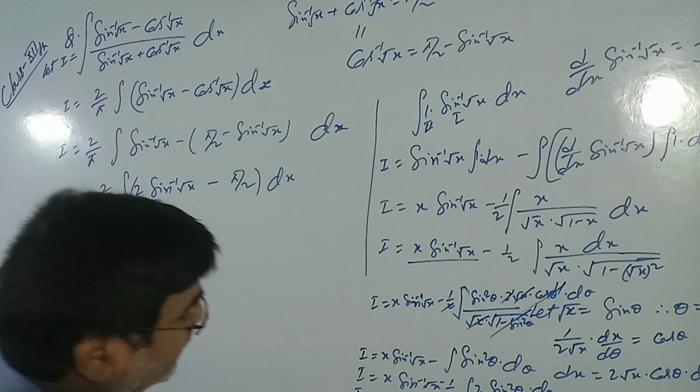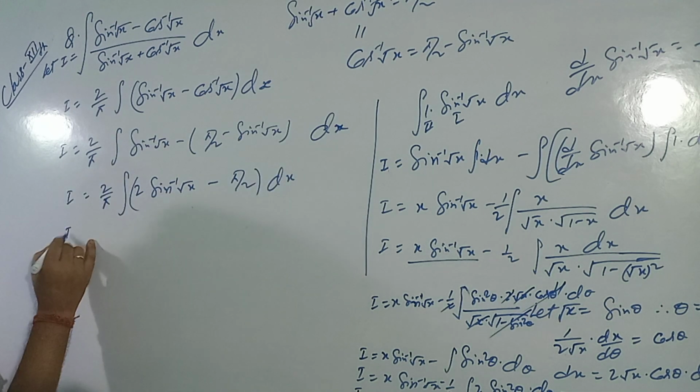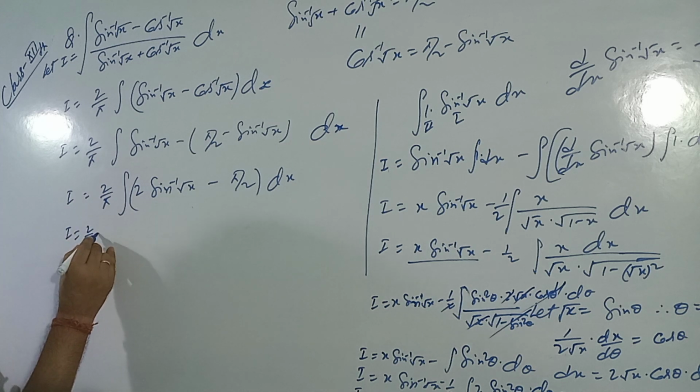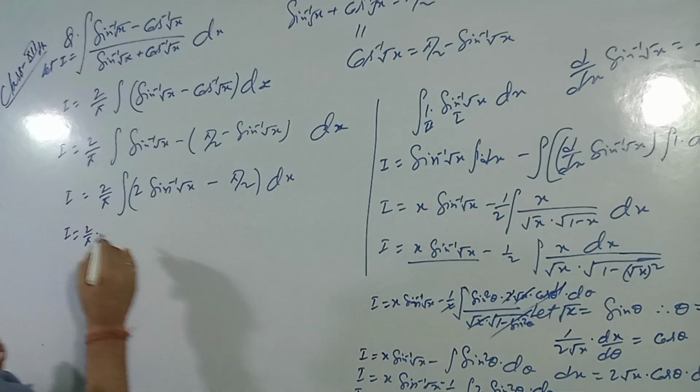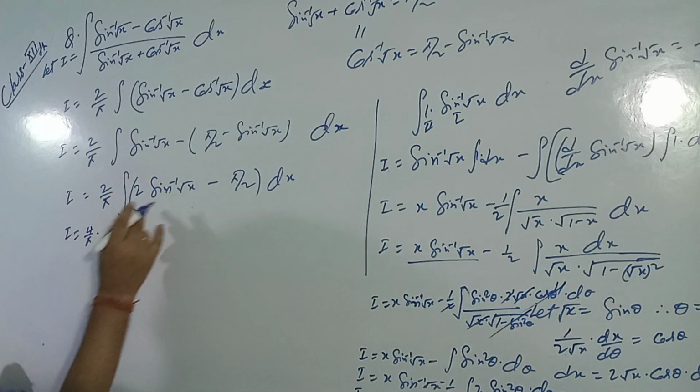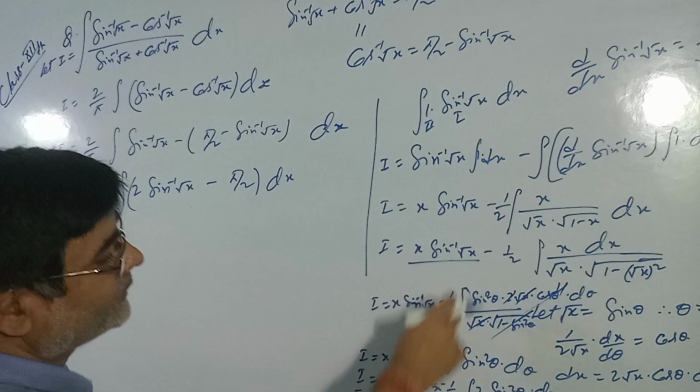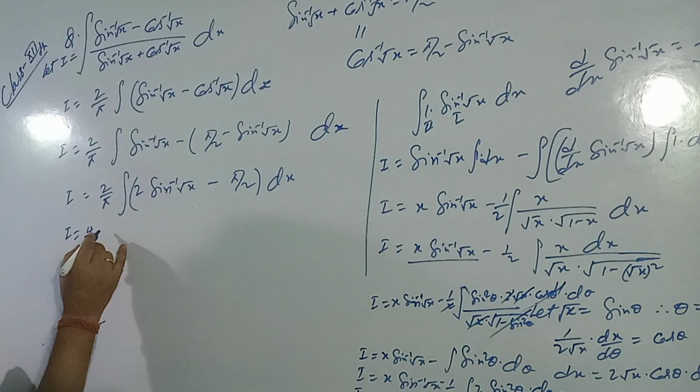For example, I equals 2 by pi into 2 sin inverse x. Now 2 becomes 4 sin inverse root x, solve it here; this is the right answer.